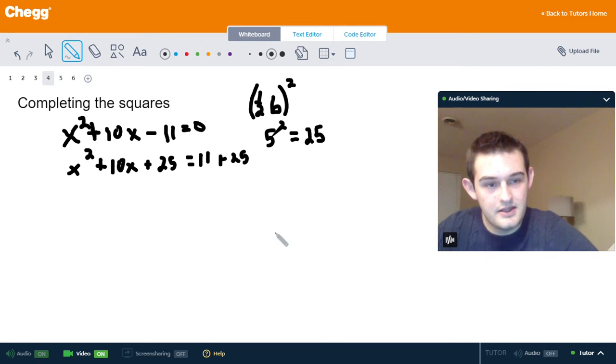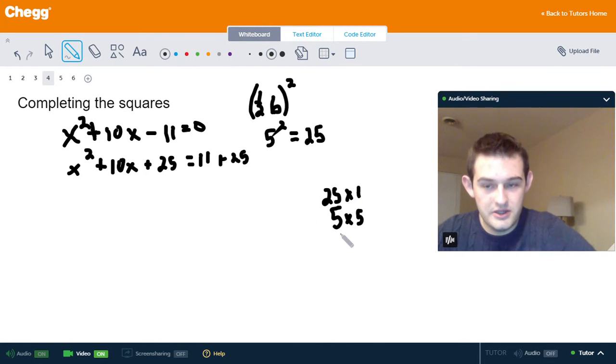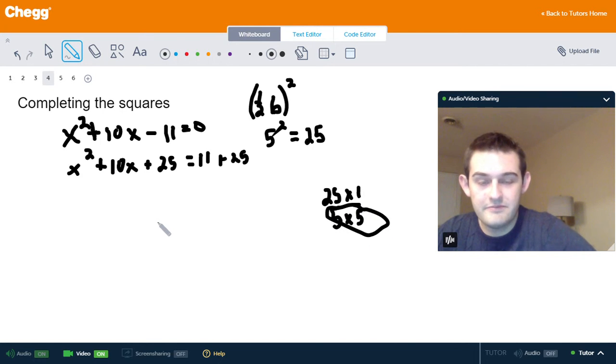Okay. So now I have on this side something that I can factor, and I do the same thing I did in the last example by taking the factors of 25, or the multiples of 25. So that's 25 times 1 is equal to 25, and 5 times 5 is equal to 25. Okay? And to determine which ones I use, I see which ones add to 10, and that will be 5 times 5. Okay?